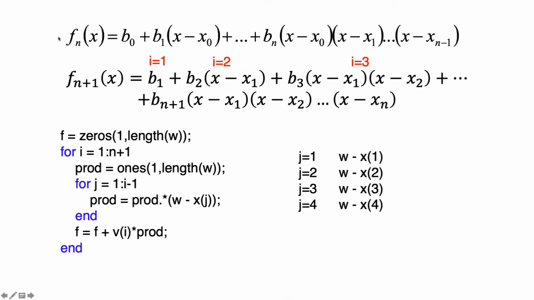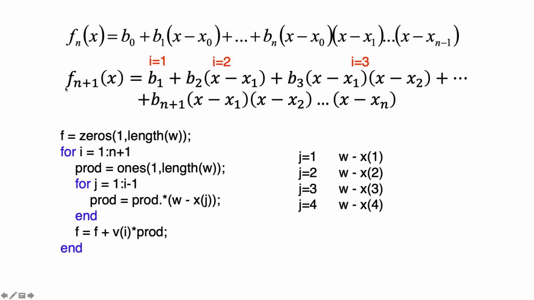I've rewritten this equation where I simply change all indices from n to n plus 1. So this becomes b1, this becomes b2, this is x1, x2, x of n plus 1, as you can see here.